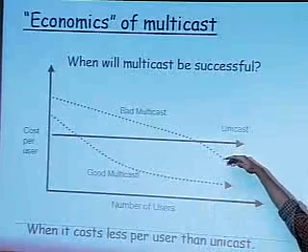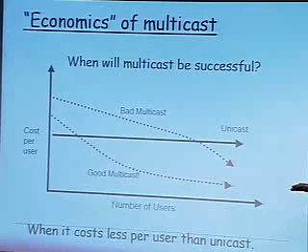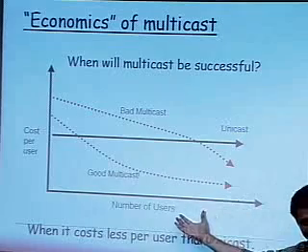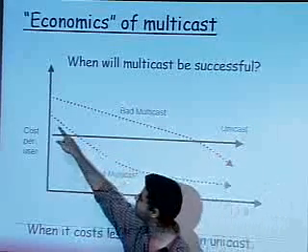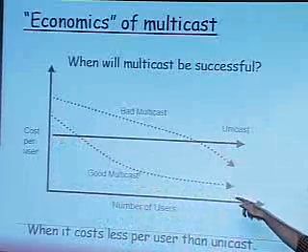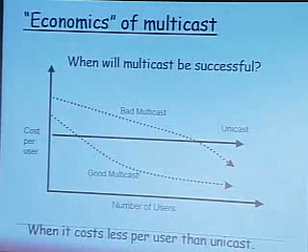In unicast, the cost is going to remain constant per user as you scale up the number of users. The hope is that with multicast, as the number of users increases, the overhead in implementing multicast falls fast enough so that it's economically viable to do multicast.